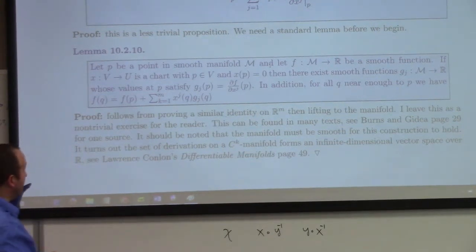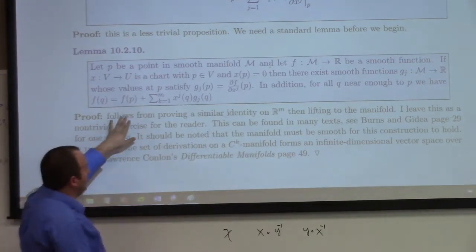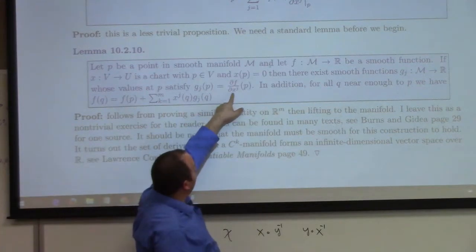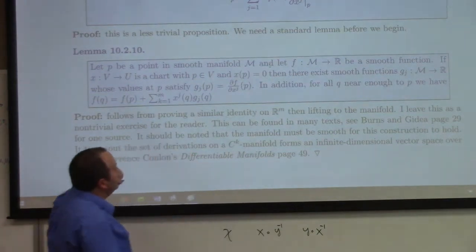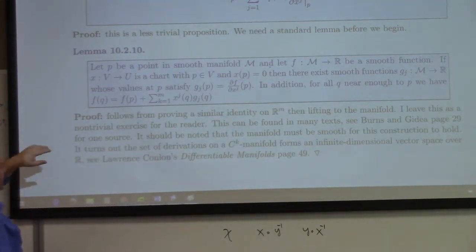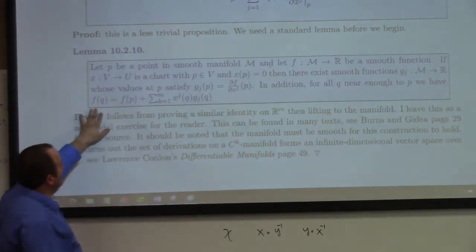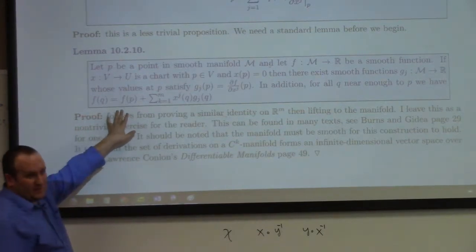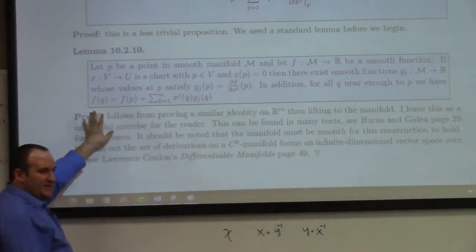Then there exist smooth functions g sub j from the manifold to the reals whose values at p satisfy g_j of p equals partial f partial xj at p. In addition, for all q near p, we have this formula. So this is not quite a linearization result. This is kind of a sneaky theorem, right?